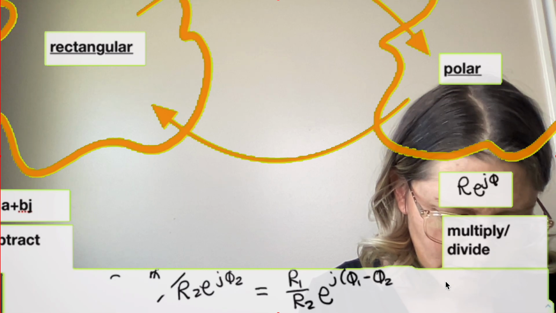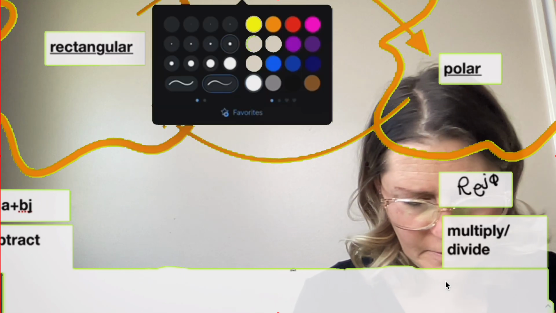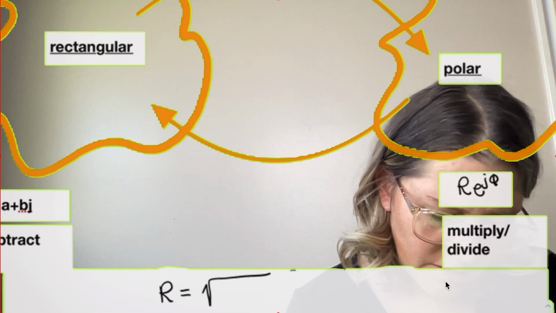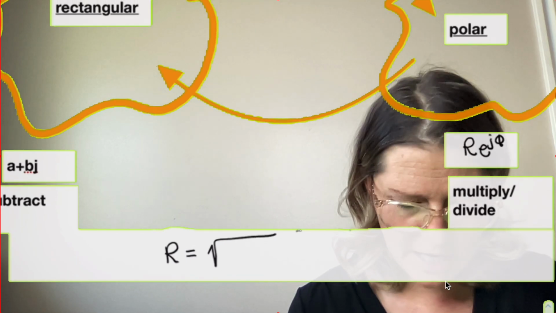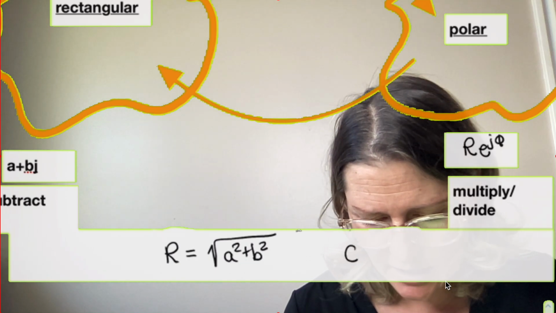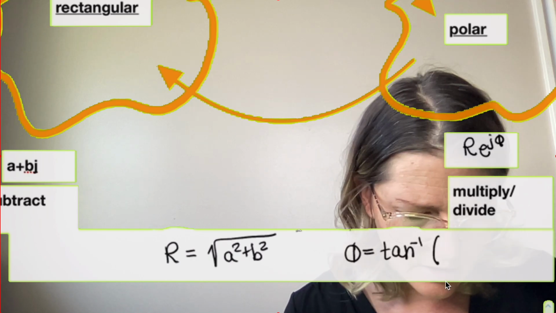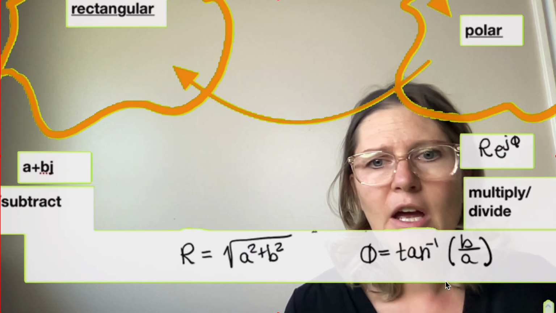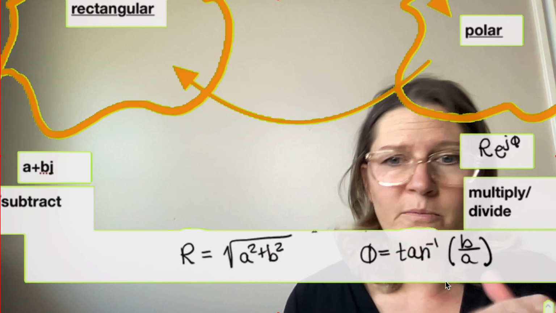The r value, the magnitude r is related to the rectangular form by a squared plus b squared, square root of that, and theta is related by the inverse tangent of the imaginary part, which is b over a in this case for a plus bj. And then vice versa, you can change back into the rectangular form from the polar.